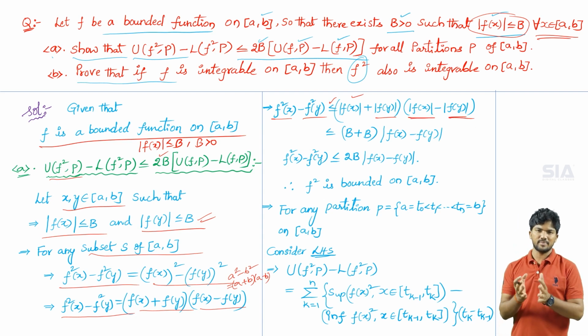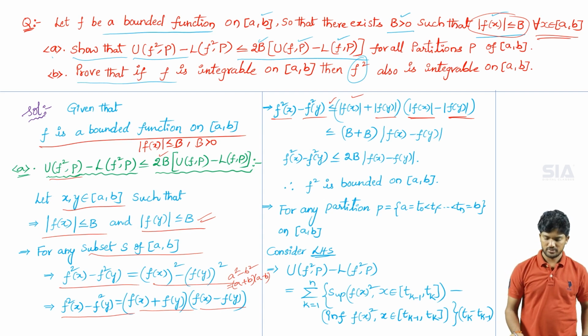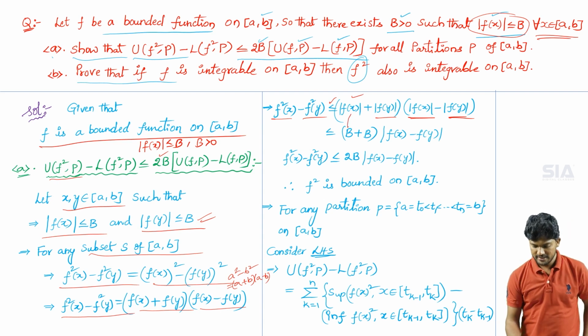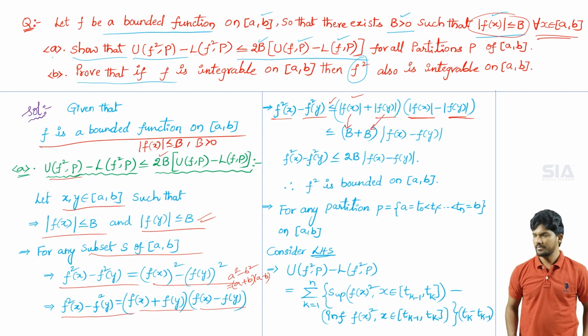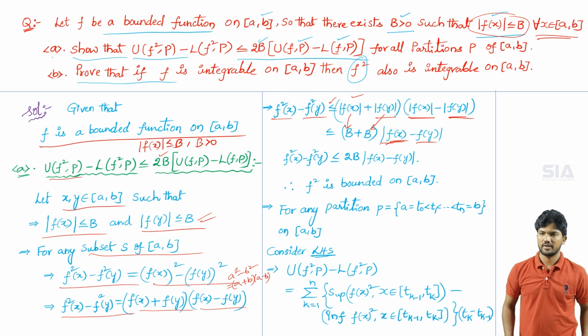We are just applying the modulus, because the given condition has the modulus property. Therefore |f(x)| is nothing but B and |f(y)| is nothing but B, into |f(x) − f(y)|.